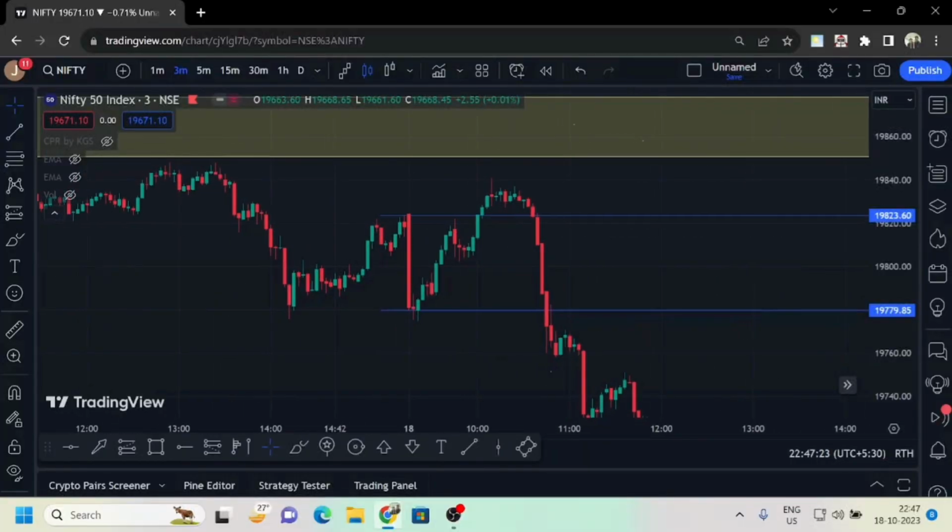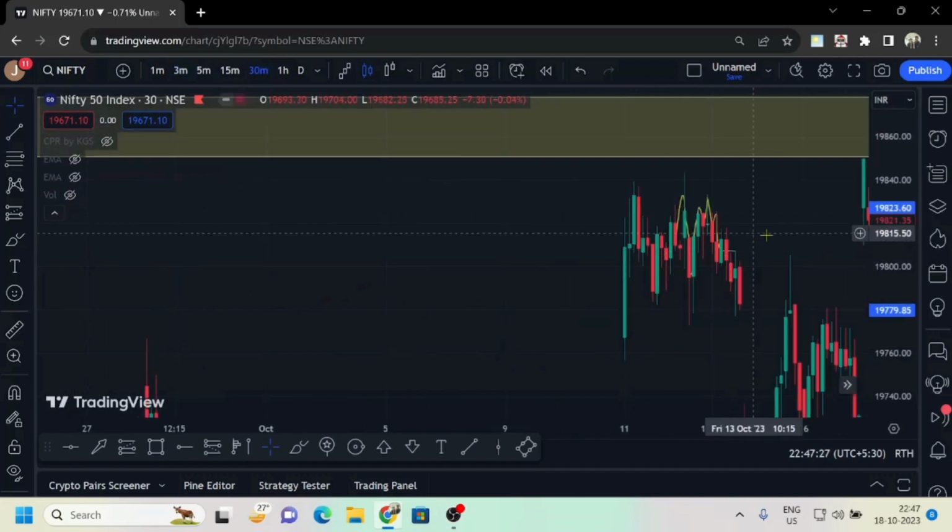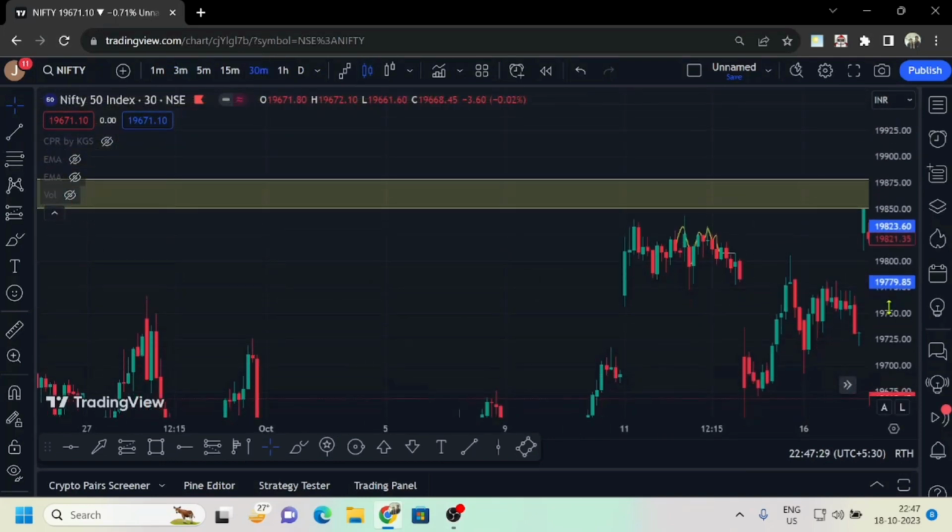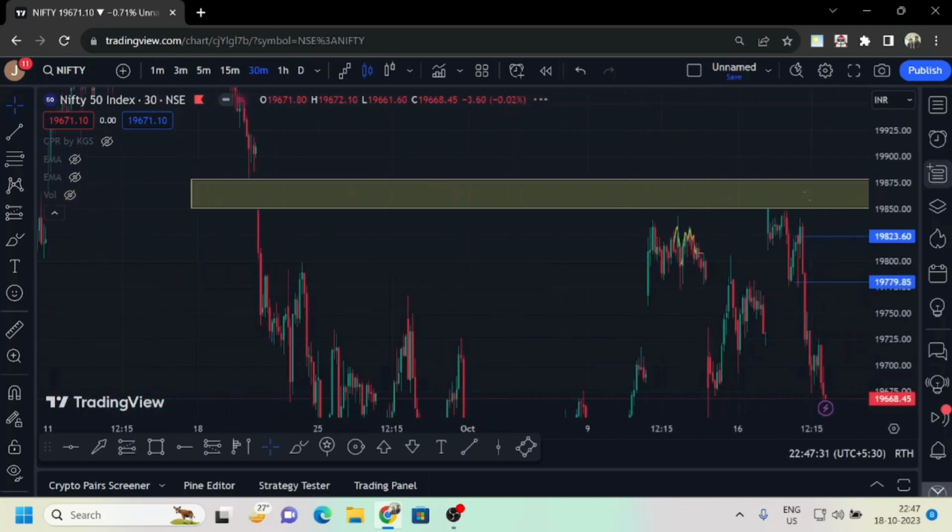Okay, yes friends, let's go to the 30-minute Nifty chart. You see, on this particular day, 20th September 2023, there is a gap. On this day the candle closed here and the next day the candle opened here.